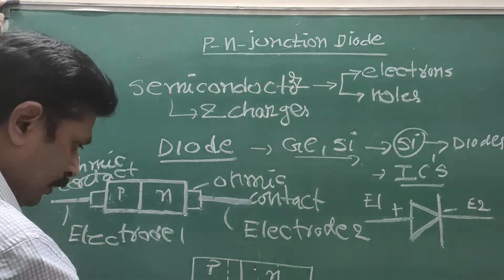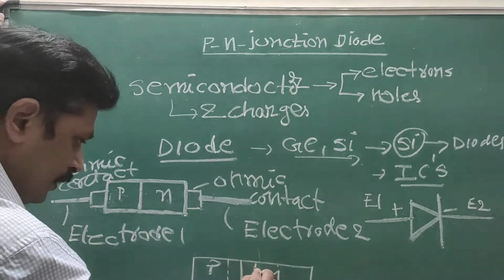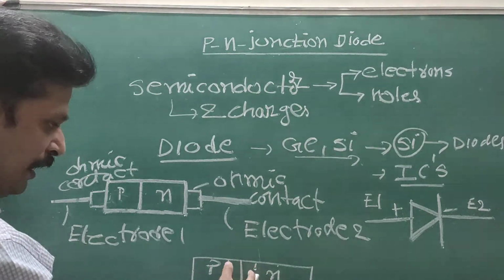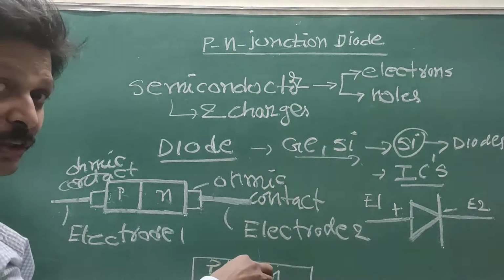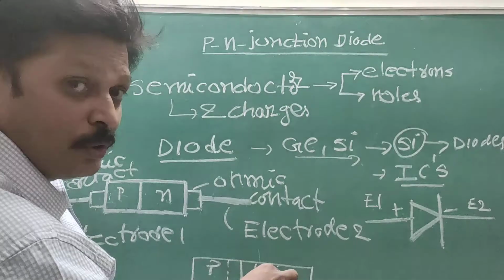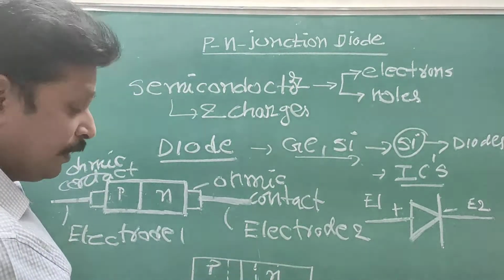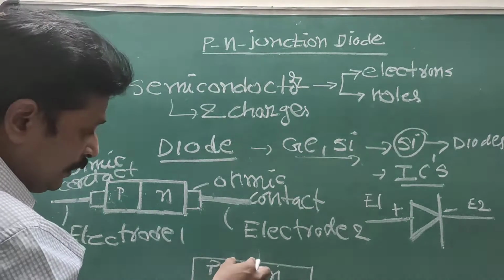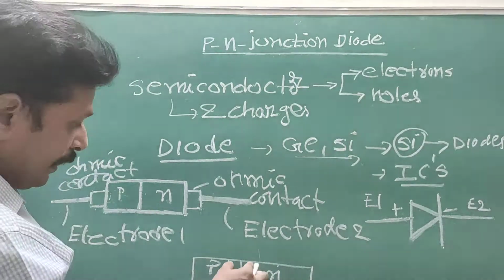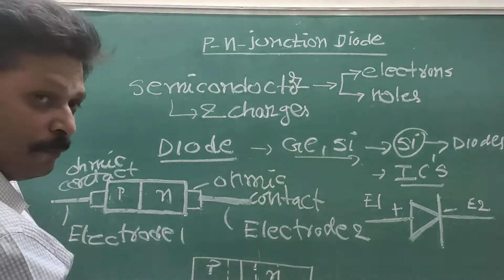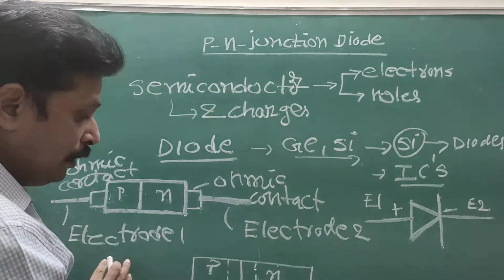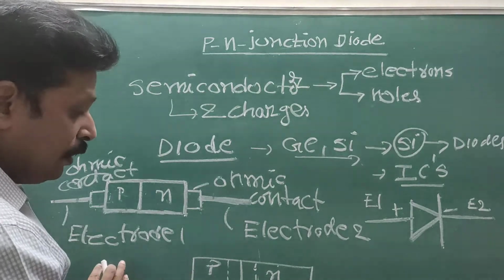One is the P side and the opposite side is N. Here the dotted line indicates this region, which is formed due to recombination of the electrons and holes at room temperature, in which the charges are accumulated, the charges exist without external supply, without external voltage, without external potential.